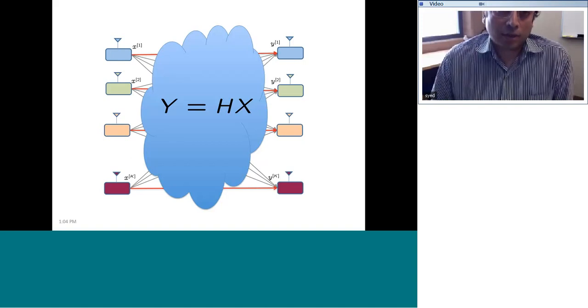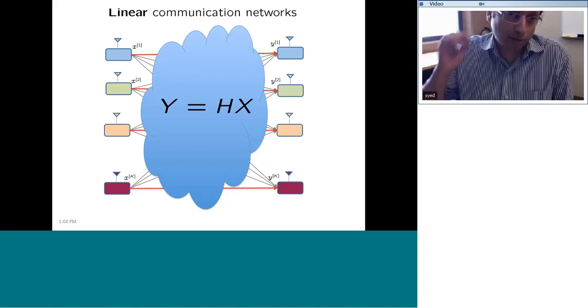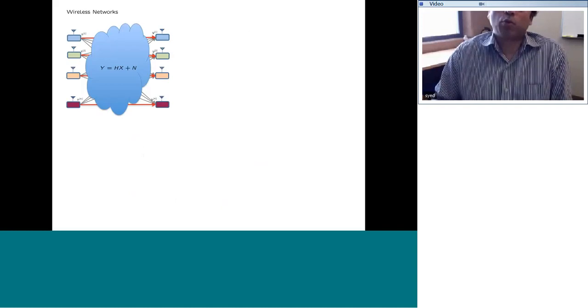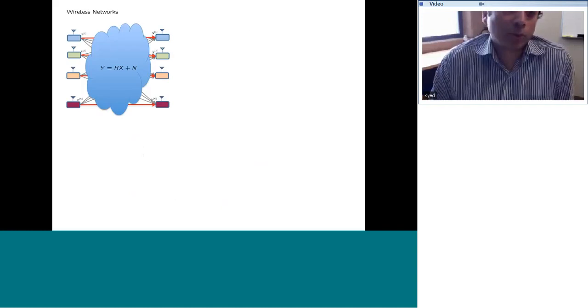Why is this an interesting class of networks to think about? It turns out many communication networks that we work with are essentially linear communication networks. For example, in wireless networks, the output is a linear transformation of the inputs, and of course there's noise, and I'll say something about that in just a minute.